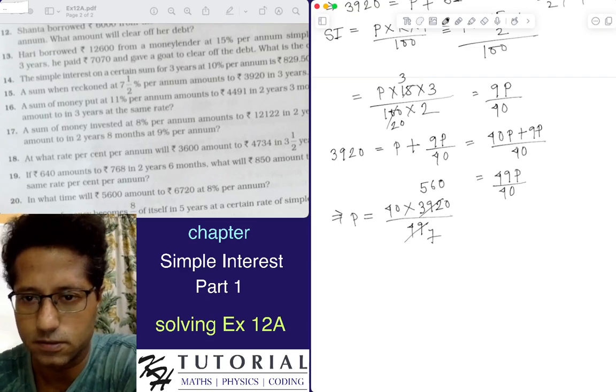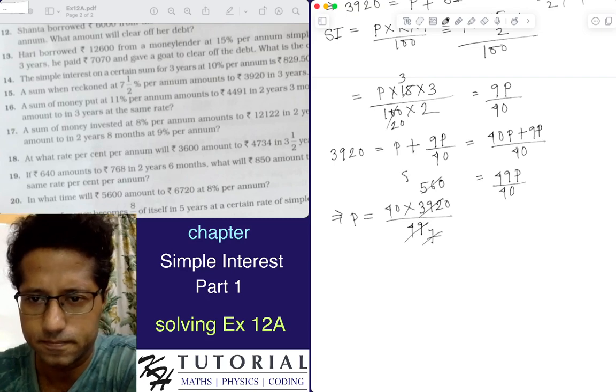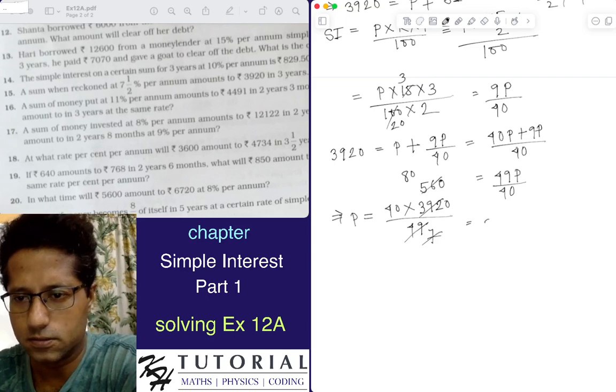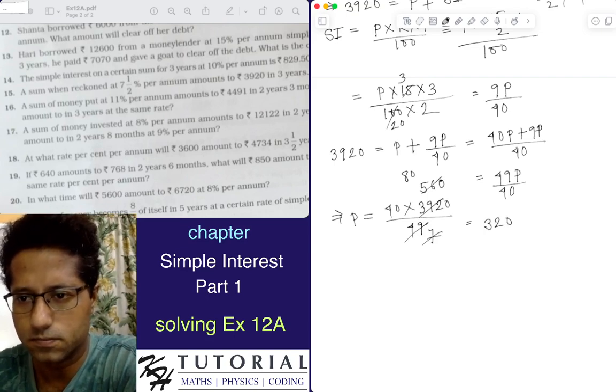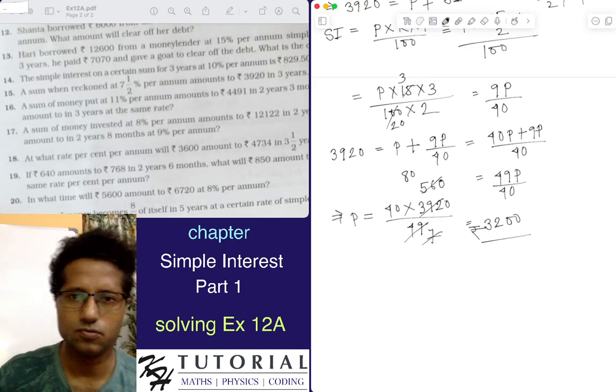Now, okay, so this again gives 80. So this is equal to 80 into 40. This is 3200, of course, rupees. So P, the sum, is rupees 3200.